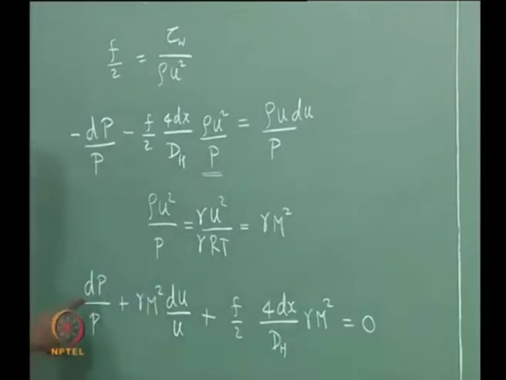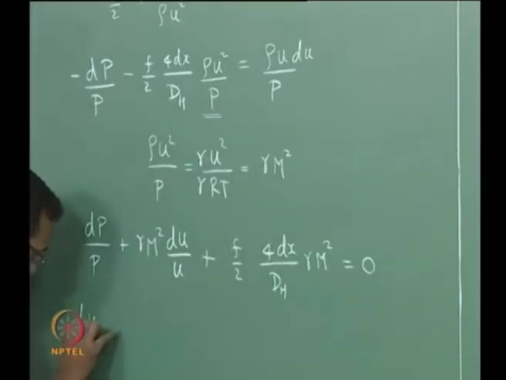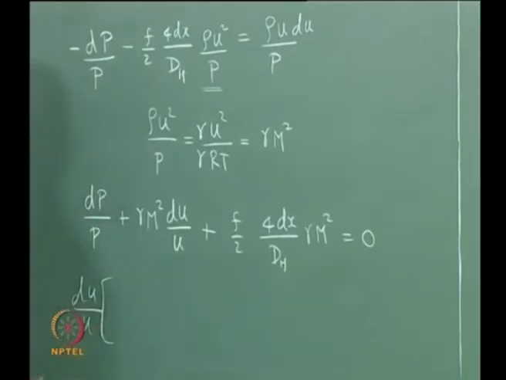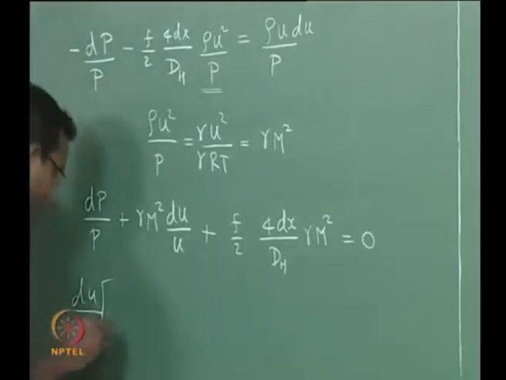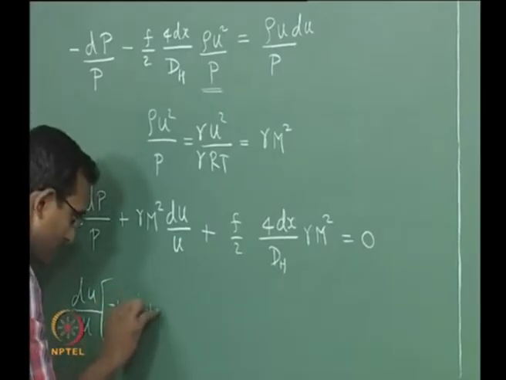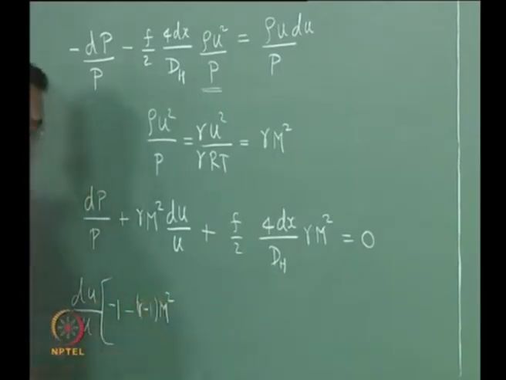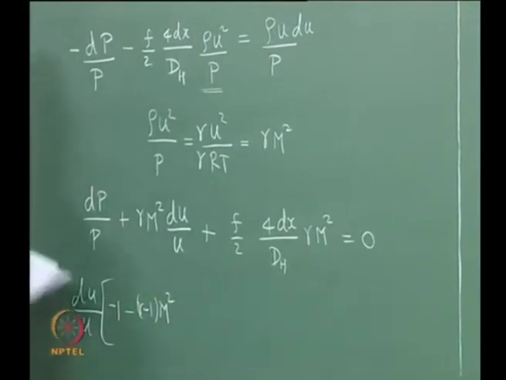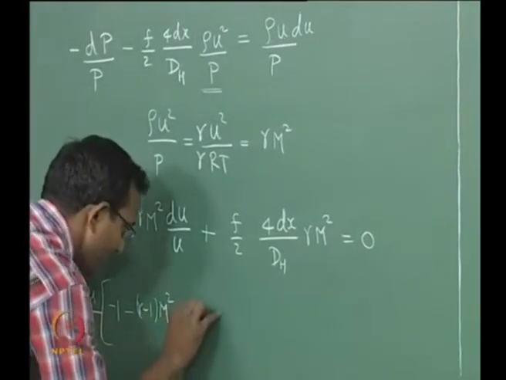So I will write just dp by p in terms of du by u first. dp by p term happens to be minus 1 minus (gamma minus 1) M square, plus gamma M square.